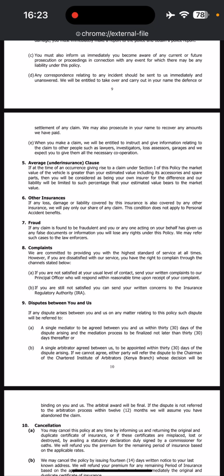Now, other insurances: if any loss, damage or liability covered by this insurance is also covered by any other insurance, we will pay only our share of any claim. This condition does not apply to personal accident benefits. But these days, this one is not possible because with the digital certificates, it's impossible for you to have double insurance, unless the system just goes haywire.